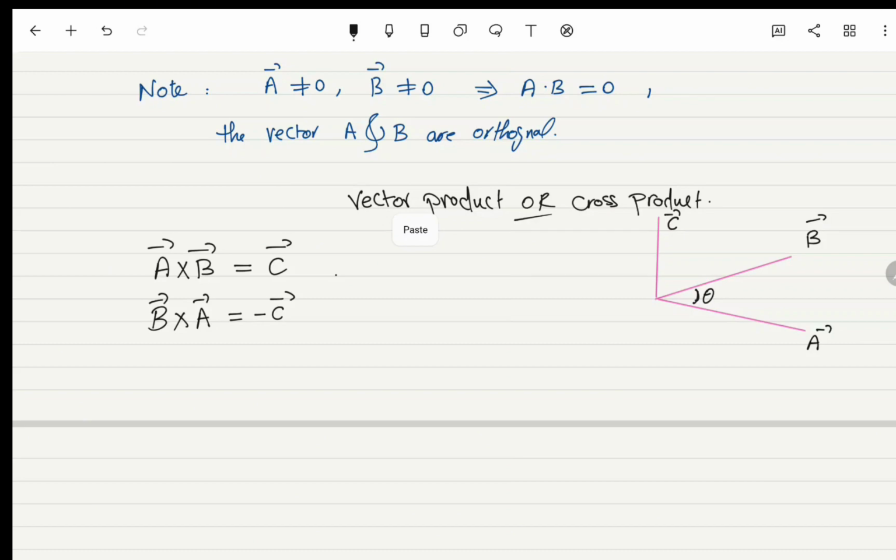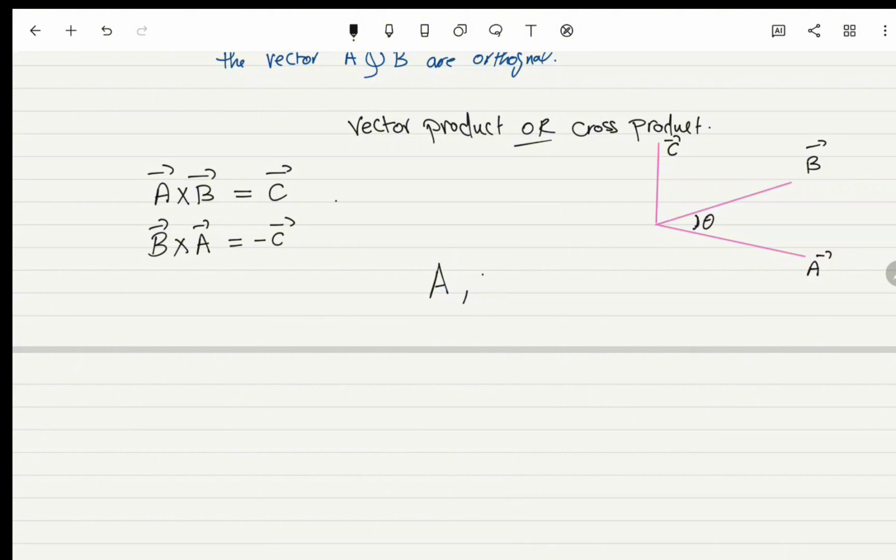To understand this very well, we can use the right hand rule, or we can simply use a 1, 2, 3 rule. A, B, C. If you move with the same arrangement in this one here, the cross product will be positive.